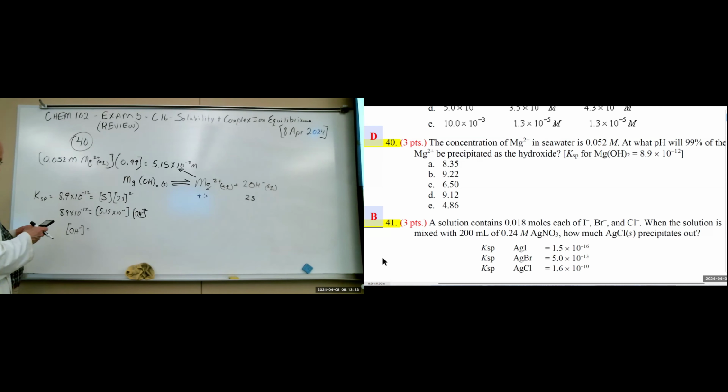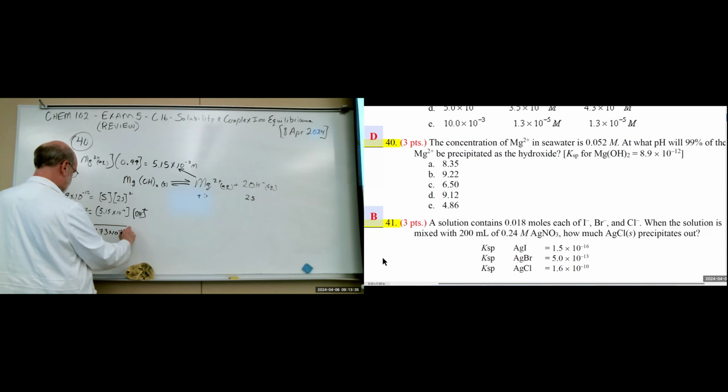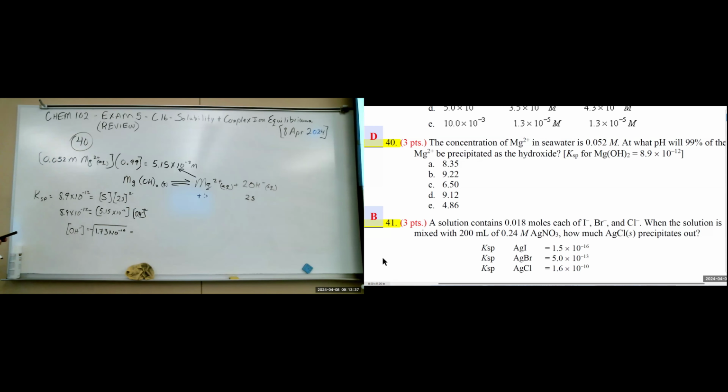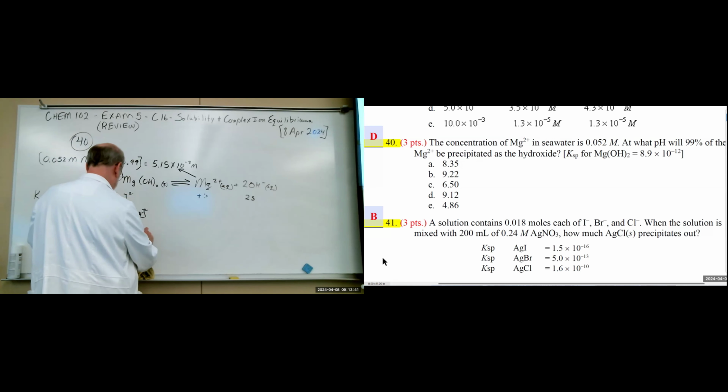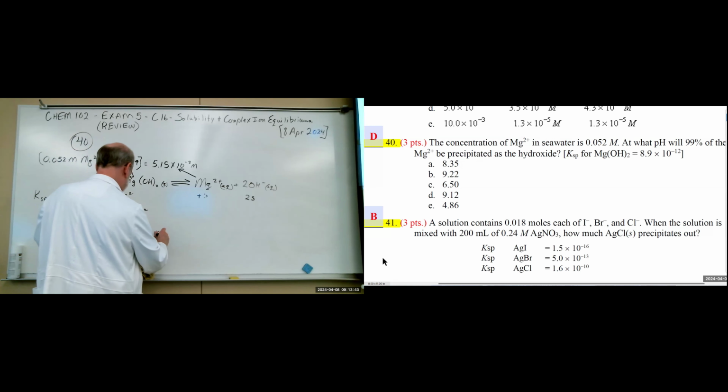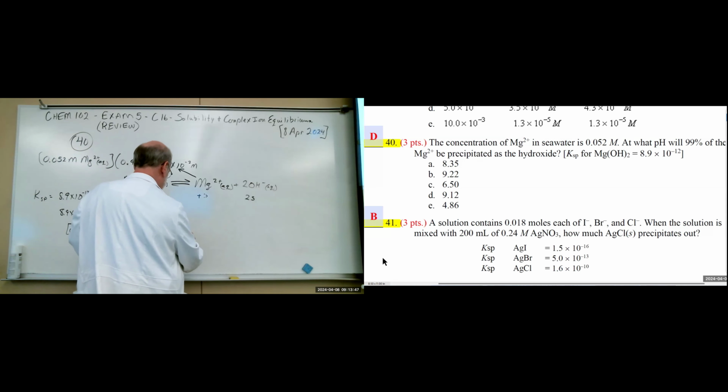And let's see, I'll flip these. And then, so that's 1.73 times 10 to the minus 10. I'll give you the intermediate step here. There we go. Then we'll take the square root of that, which is 1.31 times 10 to the minus 5 molar hydroxide.